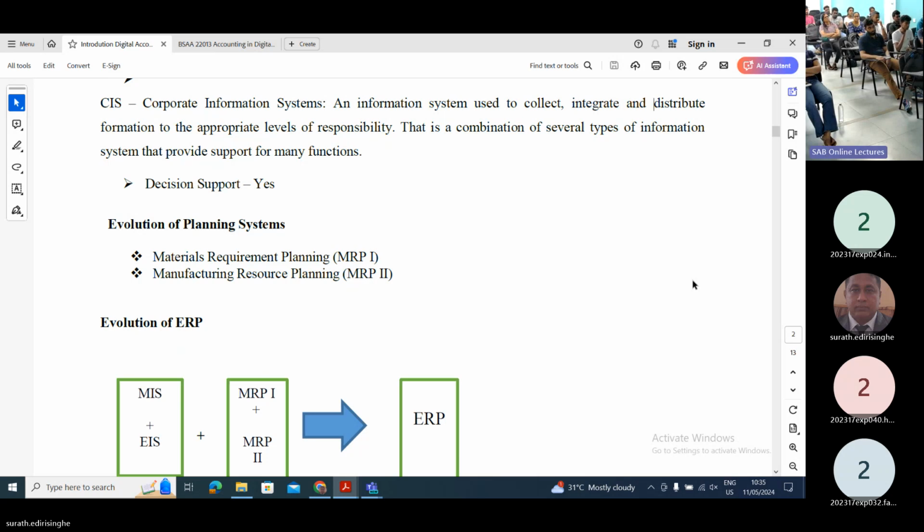Let's say if you want to produce 1,000 items, the total raw material 1 requirement is 200 kilograms, and availability of raw material is 150. What is the shortage? 50 kilogram shortage.